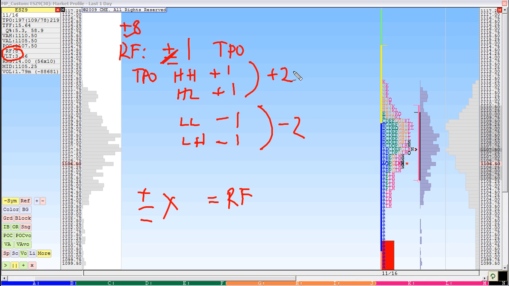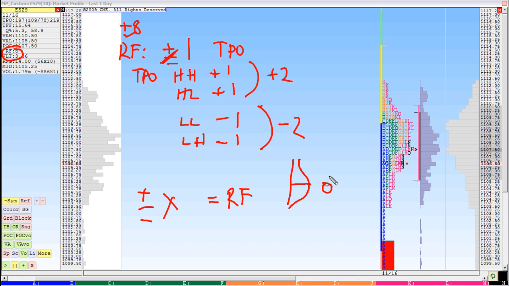With a normal distribution, you're going to see a rotational factor of a fairly low number. On a perfect bell curve, you're going to get a rotational factor of 0 where there's no skew, there's no kurtosis. That is a rare event, but I have an example I'm going to show you.